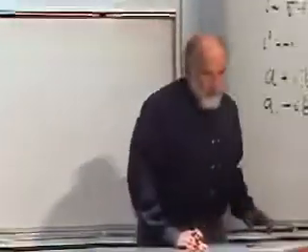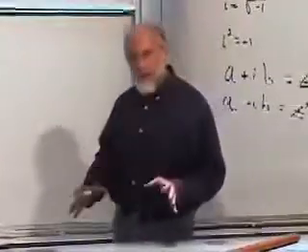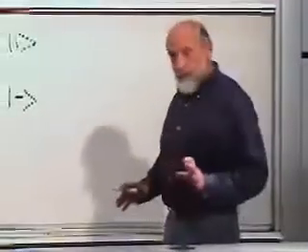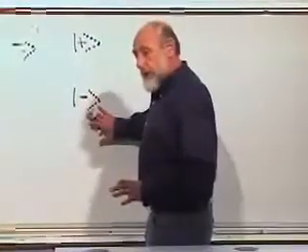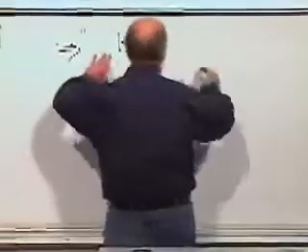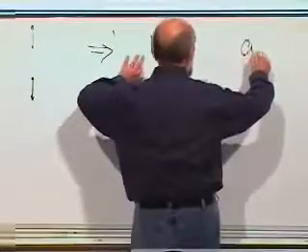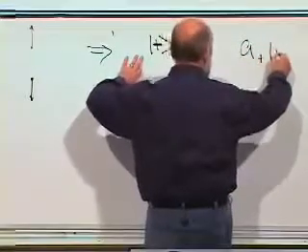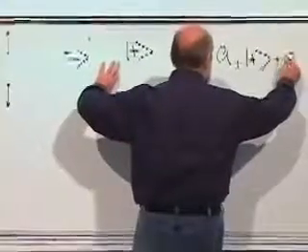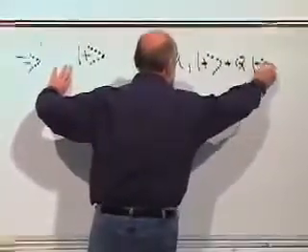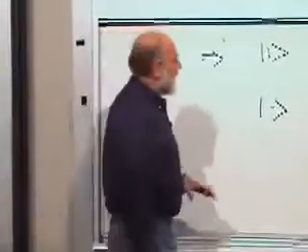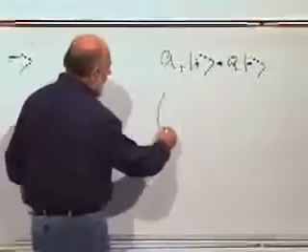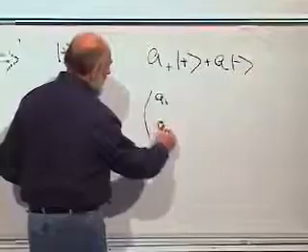In quantum physics, the general state of an electron, or an electron spin, is a vector in a vector space, which we could write a plus times plus plus a minus times minus. In other words, it's a two-dimensional vector space. We could also represent it by a plus, a minus.